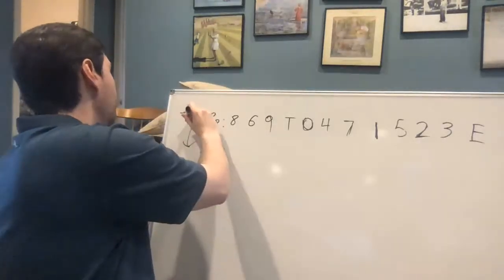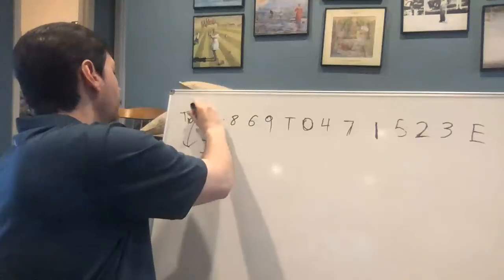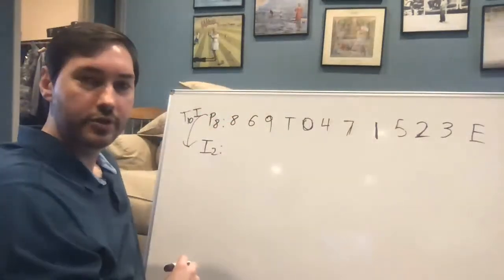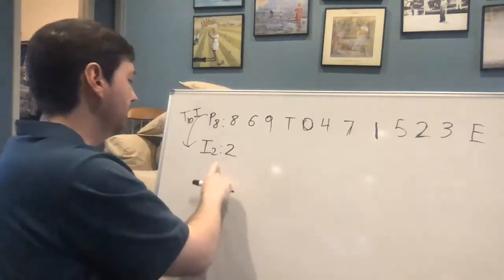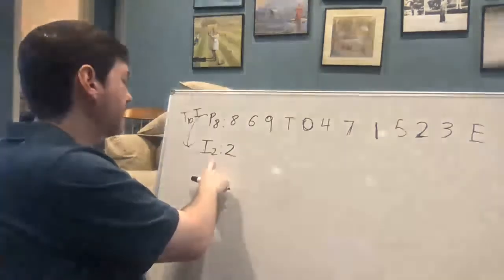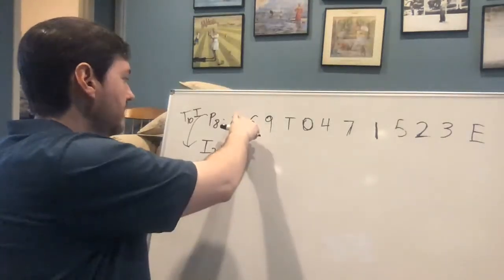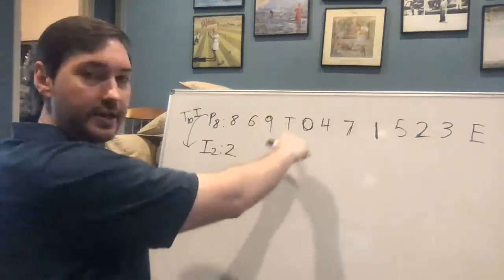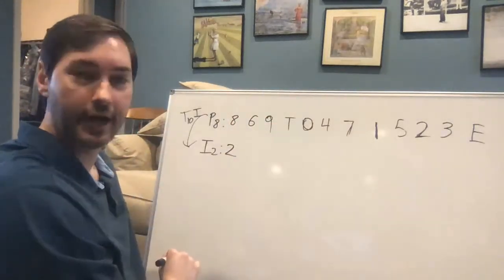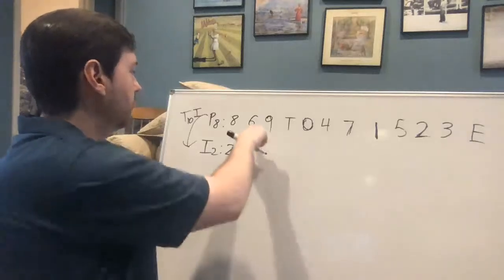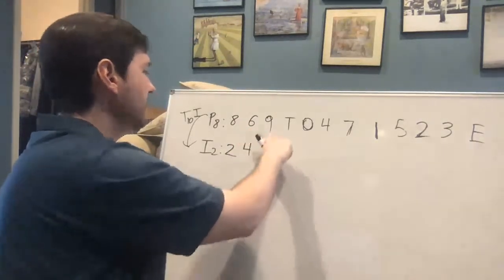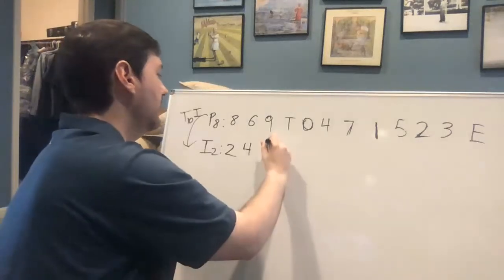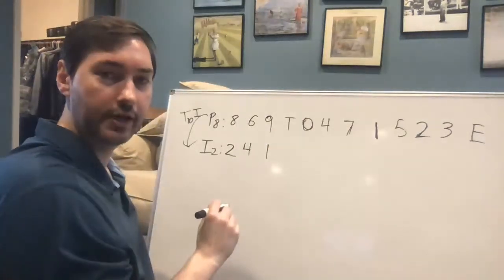So as we're doing this, all of our sums are going to be 10. We know that the first number of I2 will be 2. So I'm going to keep creating sums of 10, and that will naturally produce the I row. So therefore, 6 and 4 will also be 10, 9 and 1, and so on down the line.